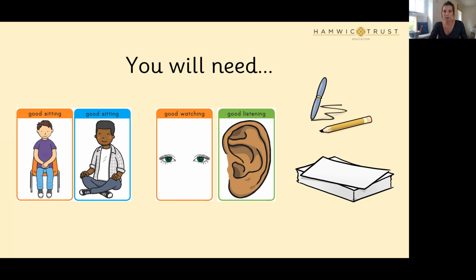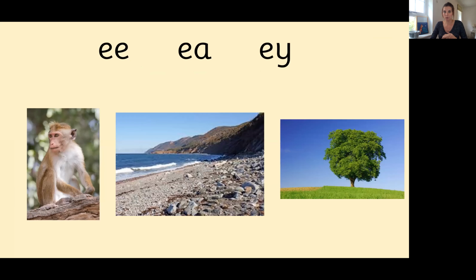Okay, once you've got everything ready, we are going to do a quick phonics warm-up, again looking at our long E sounds. Okay, so can you get, please, your paper or your whiteboard, whatever it is that you're writing on, and on your screen you will see 3 pictures. And you've got 3 different ways of spelling the long E sound at the top, okay? I would like you to have a go at writing on your whiteboards or on your paper the 3 words that are in front of you, okay?